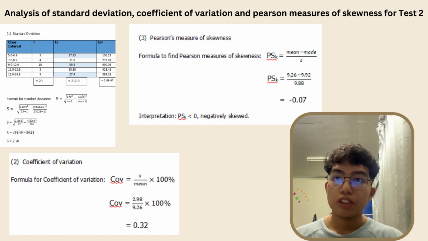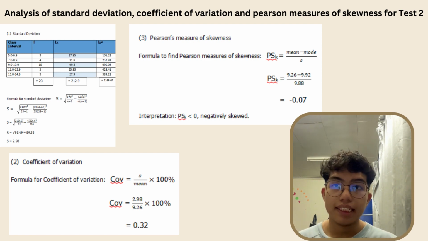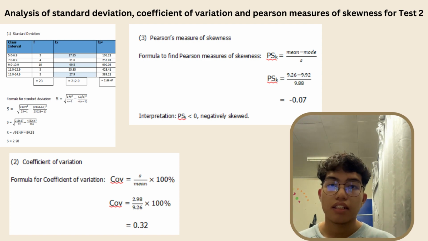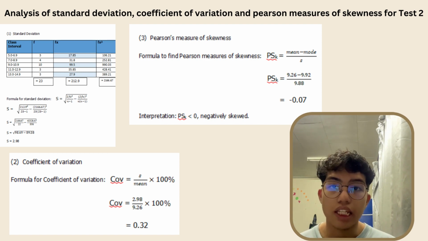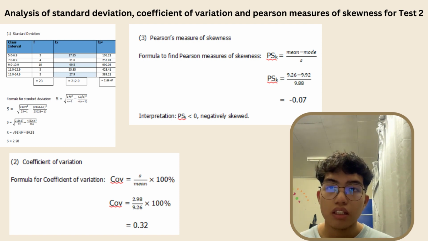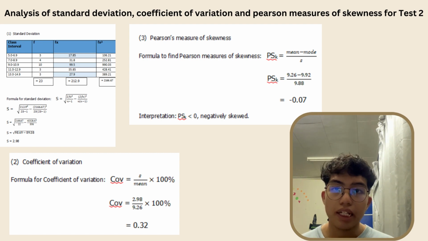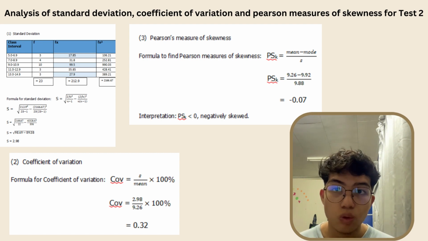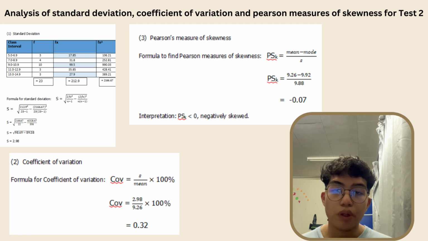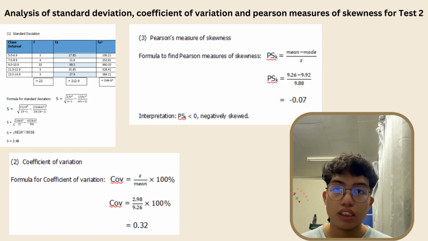For Pearson measure of skewness, the formula to find Pearson measure of skewness is PSK equals mean minus mode over S. So if you do that, it will be 9.26 minus 9.92 and divide by 9.88, and you can get the answer negative 0.07.